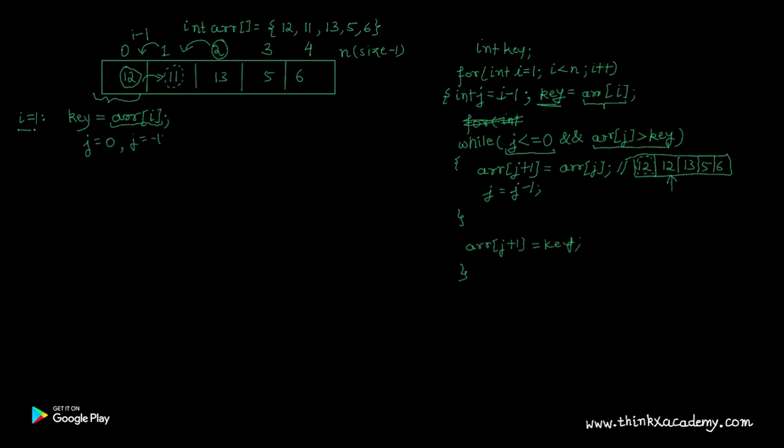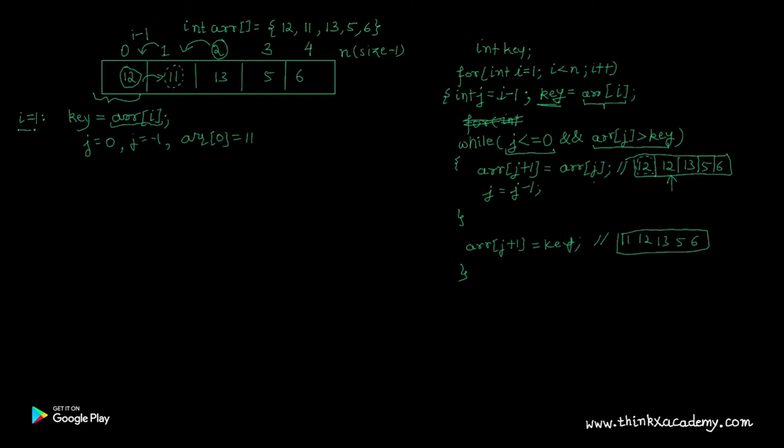Now j is having the value minus 1, so j plus 1 will be 0. So the array 0 position will become equal to key, and key was 11. After this line, we will get 11, 12, 13, 5 and 6.